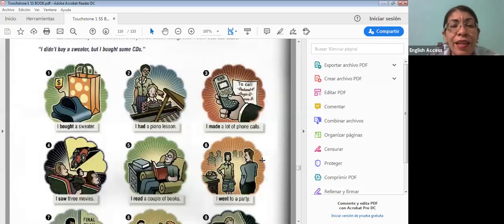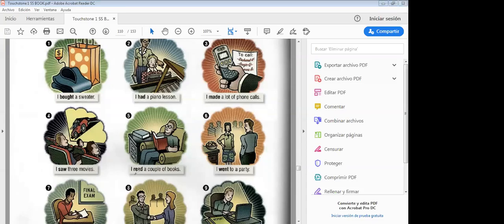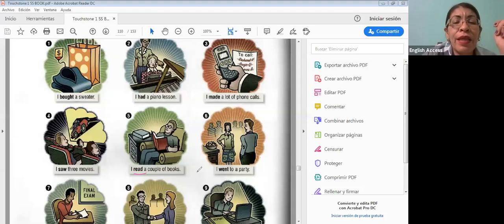Yes, that's okay. So, as you can see, these are irregular verbs. They are not like the other ones where we only need to add ed at the end. These are totally different. Pay attention to number 5. It says, I read a couple of books. With this verb, the spelling is the same. The difference here is the pronunciation.